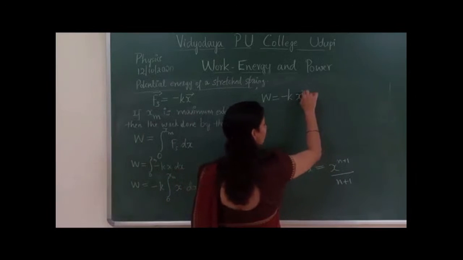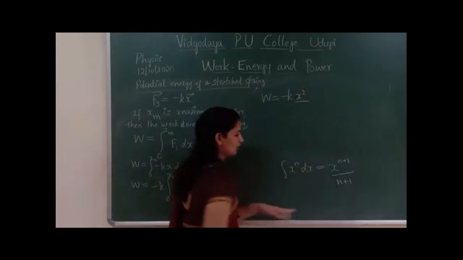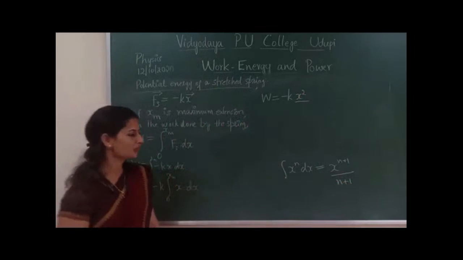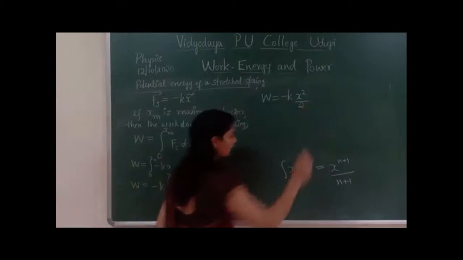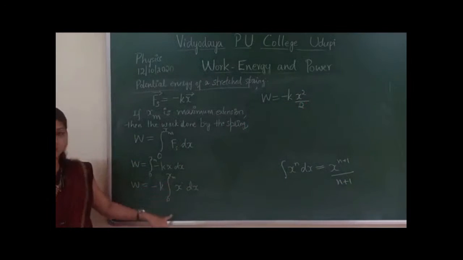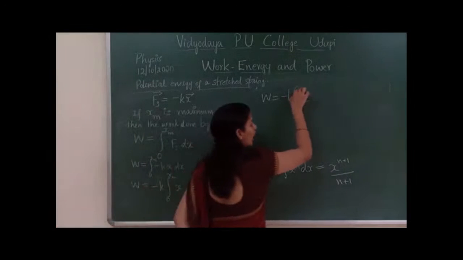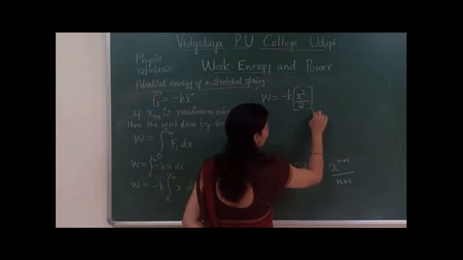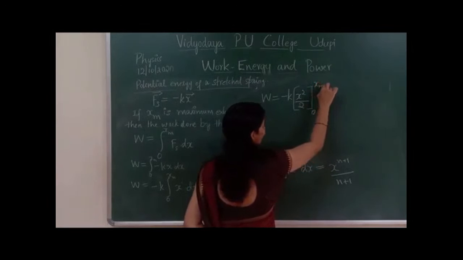So x to the power 2 divided by 2. And you have some limit value also, so you have to substitute the value of this limit.